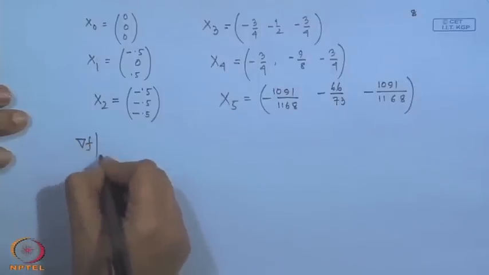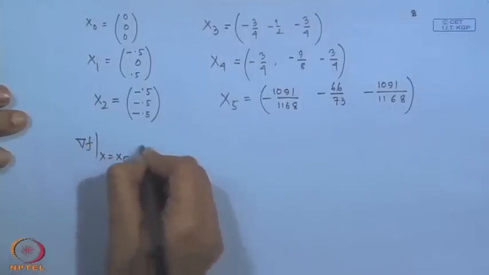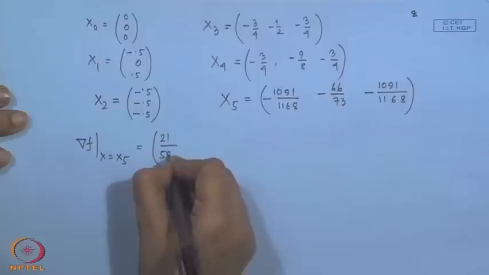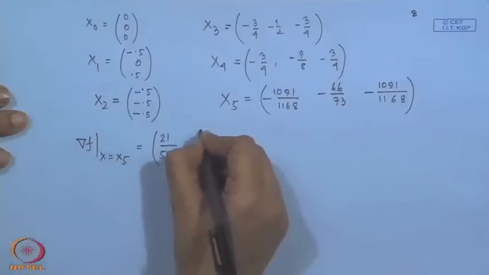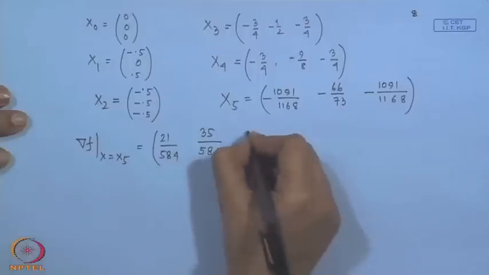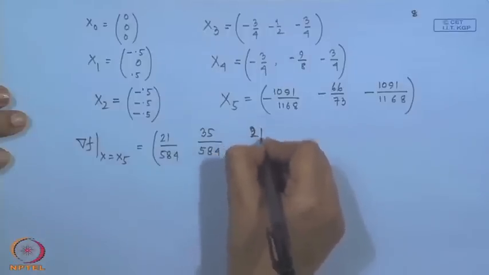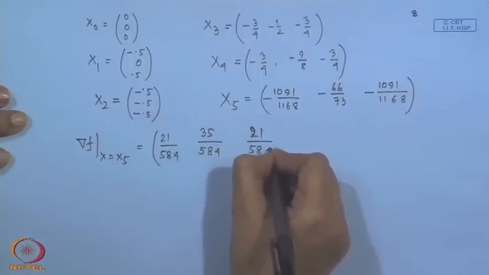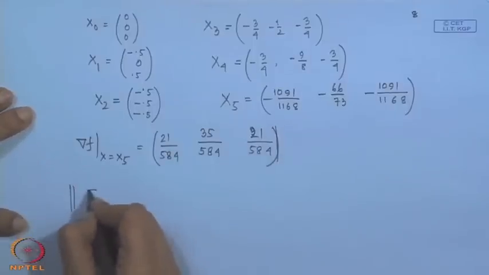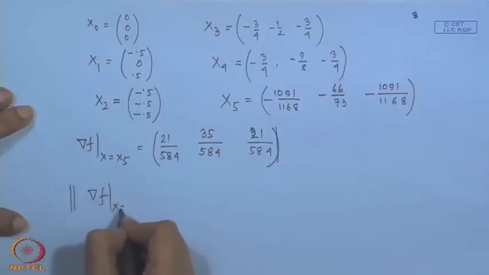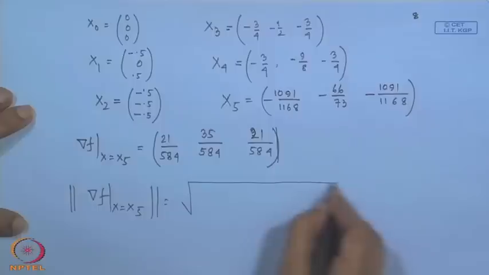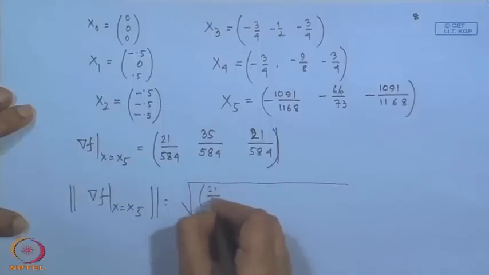grad f at x equal to x 5, if we just calculate, we are getting this value 21 by 548, 35 by 584, 21 by 584, and the norm of this value at x equal to x 5 is equal to root over this one.